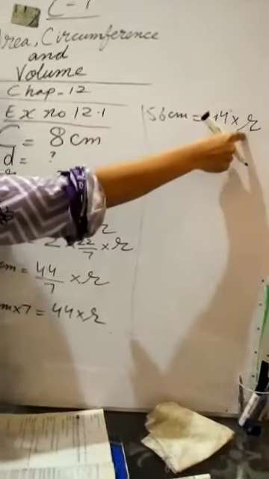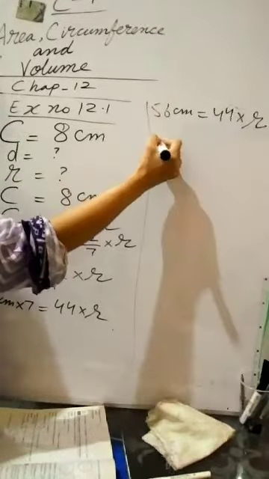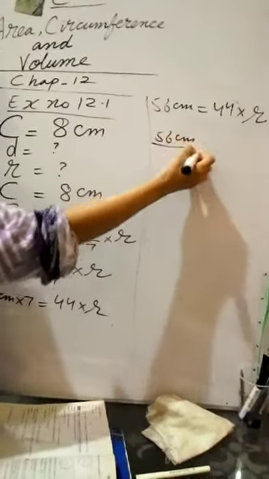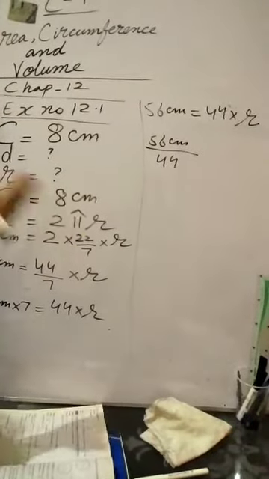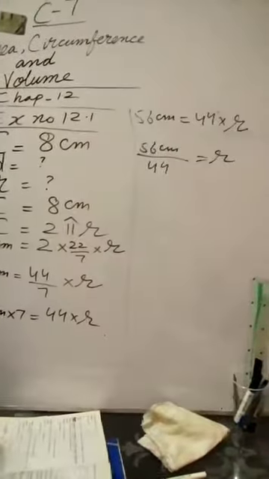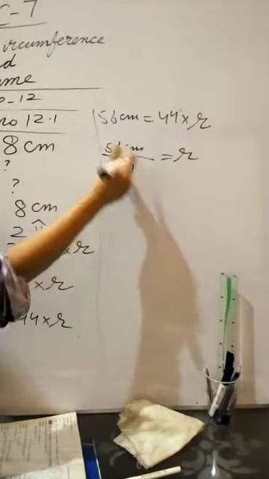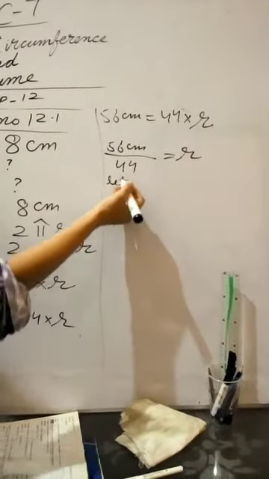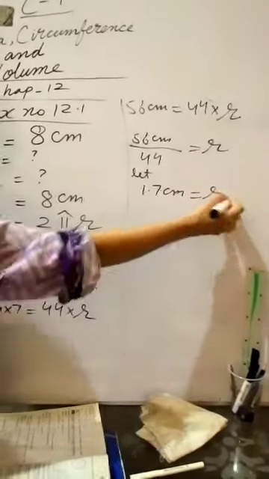Now we need to find r. 44 is multiplying here, so when it comes to this side, it will divide. Multiply converts into division. When you divide, you will get the answer: 56 divided by 44 is 1.27 centimeter, equals the radius.